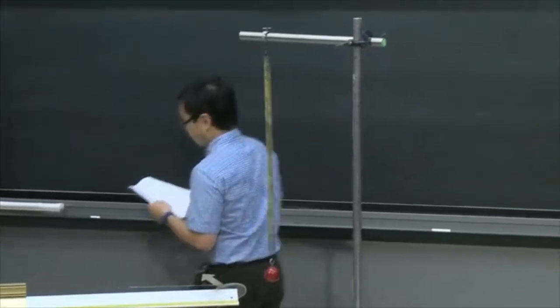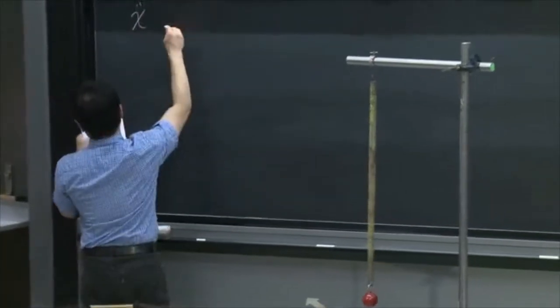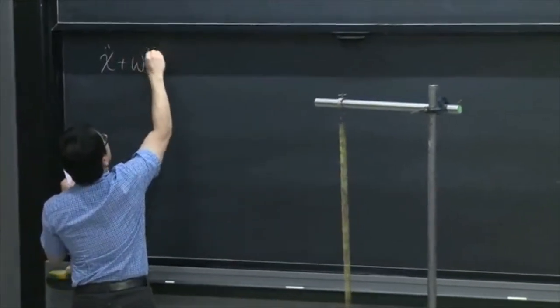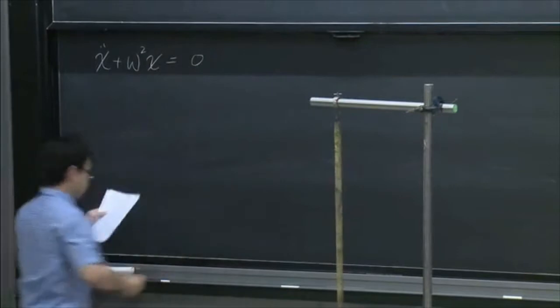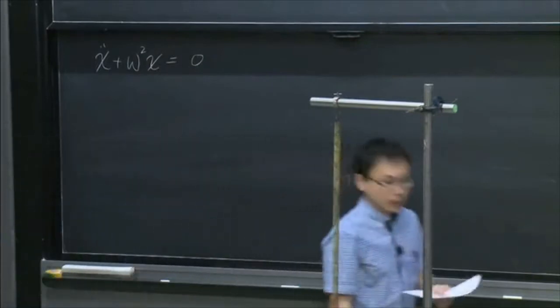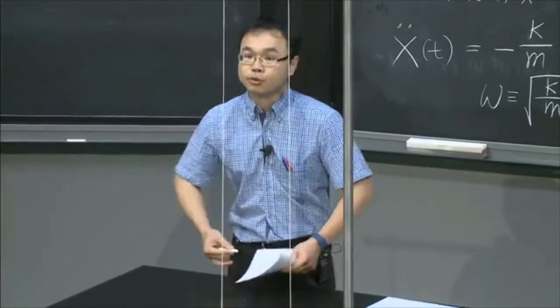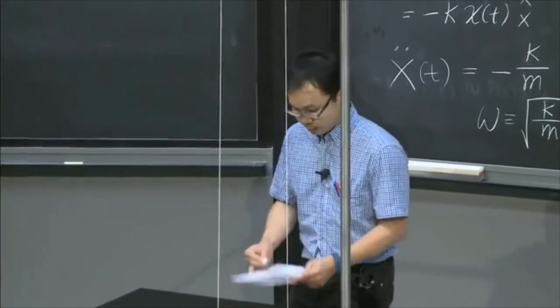So let's come back to this equation of motion: x double dot plus omega squared x equals 0. There are two important properties of this linear equation of motion.